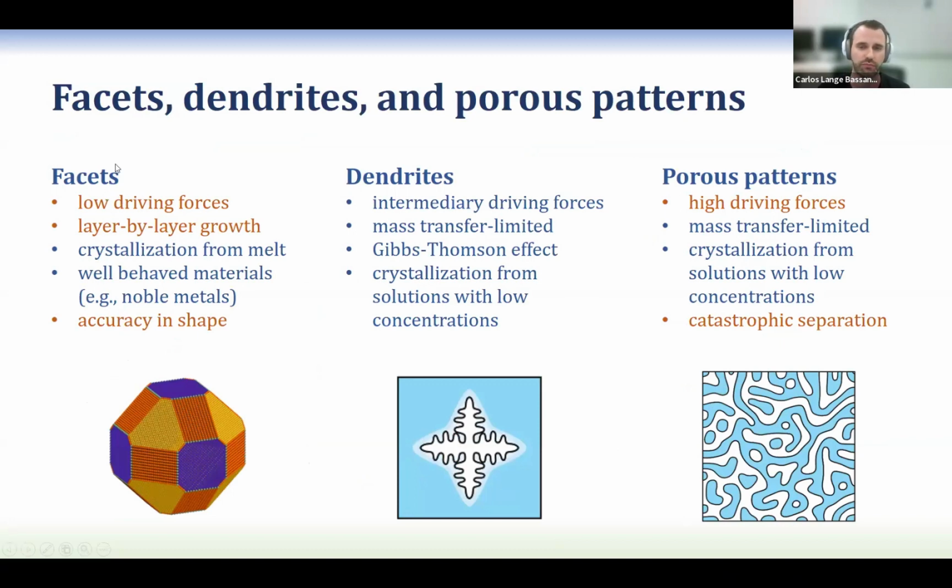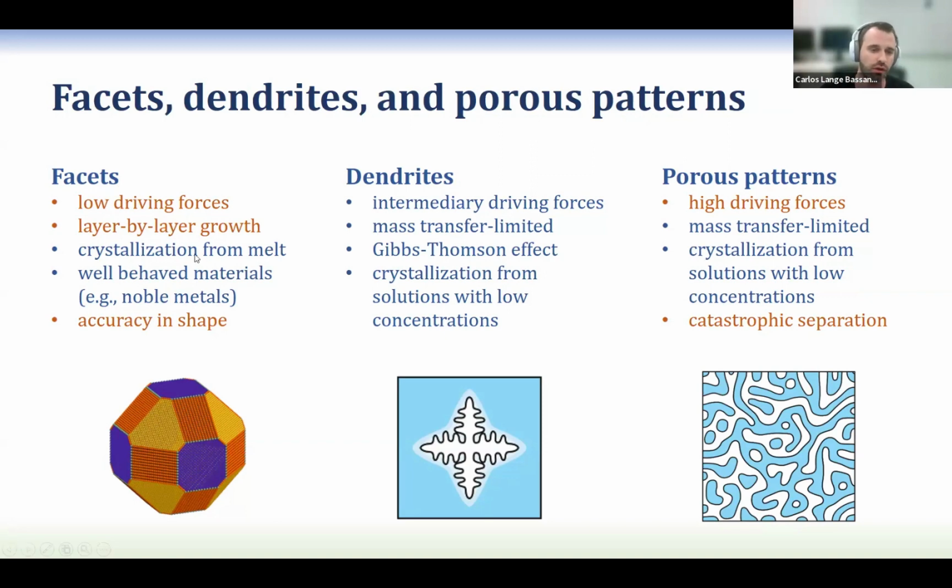And crystals manifest mainly in three emergent shapes, right? We can call them faceted crystals, dendrites, and porous medium, porous patterns, right? And of course, there is an increasing level of complexity here, an increasing level of coupling between molecular, meso, and macro scales. So facets form at low driving forces when there is this layer by layer growth of the crystals, usually happening in a crystallization from a melt.